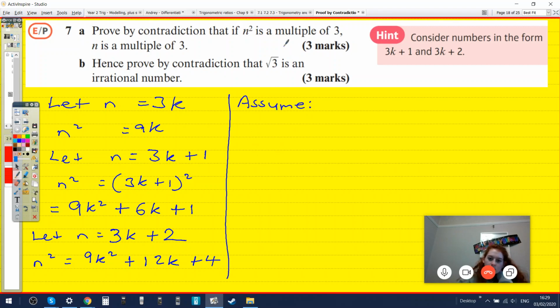We would assume that n squared is a multiple of 3, but n is not a multiple of 3. Okay.